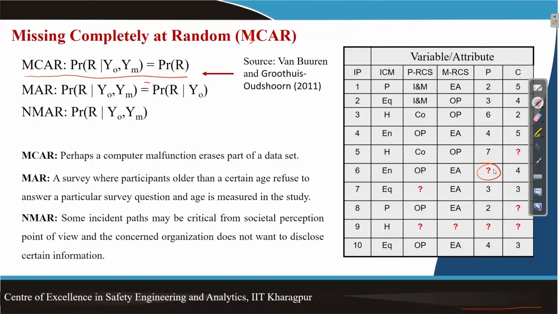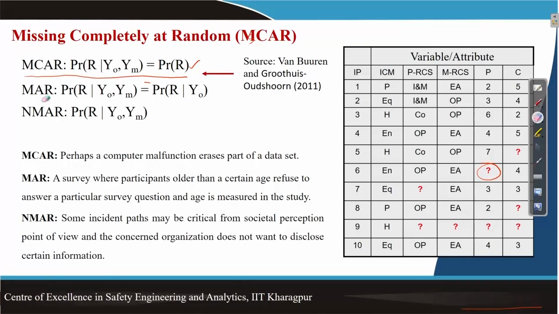If it doesn't, that means the condition P(r | y0, ym) is not governed by the observed or missing data of y. Then it is missing completely at random. The source is Van Buuren and Groothuis-Oudshoorn. This is the source we have taken this information from.